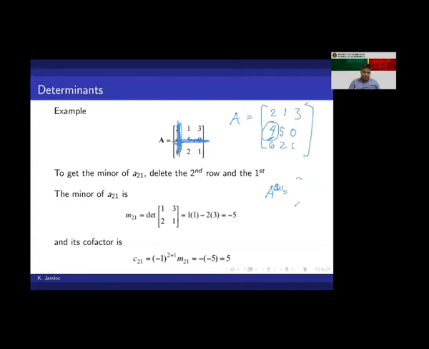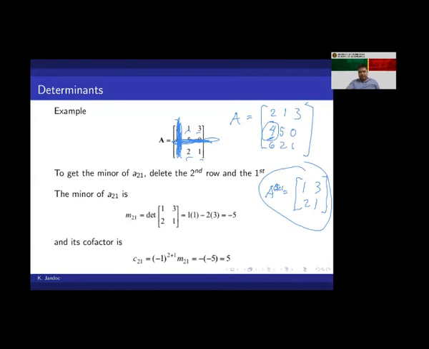So this submatrix is 1, 3, 2, 1. You deleted this row and you deleted this column, and you're left with the 2 by 2 matrix 1, 3, 2, 1. Good. So what is the minor again?